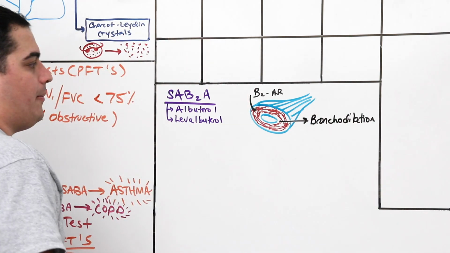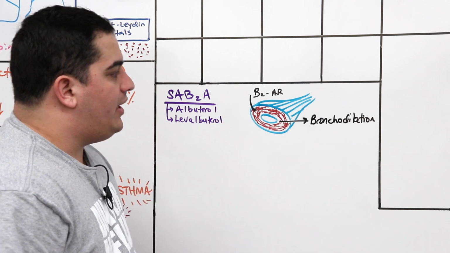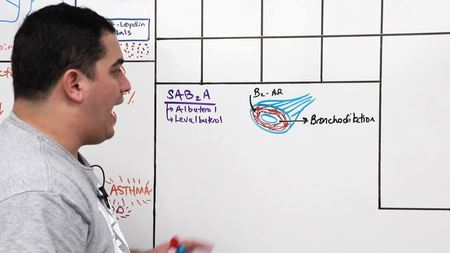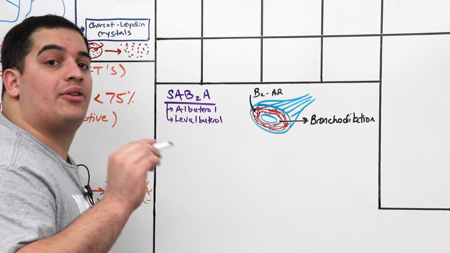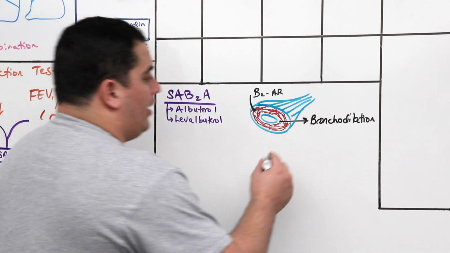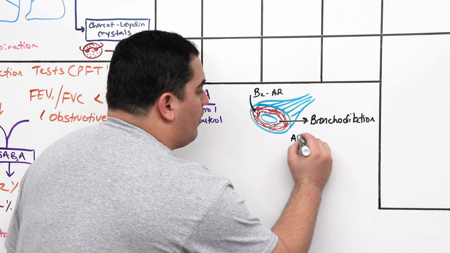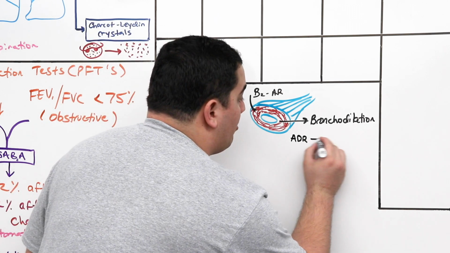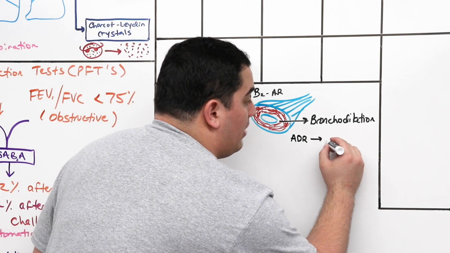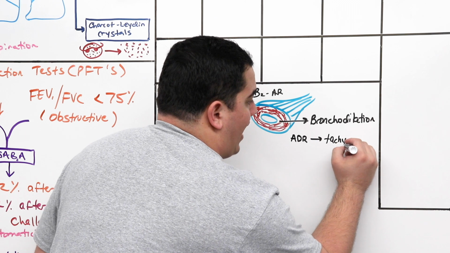Okay? Now here's the thing. Sometimes when you're giving these beta-2 receptor agonists, they can affect other tissues. What do I mean? Some of the adverse drug reactions to be careful with: it can affect the heart, so it can produce tachyarrhythmias.